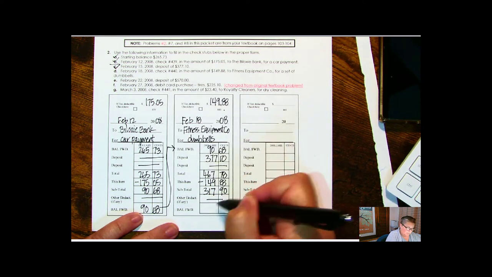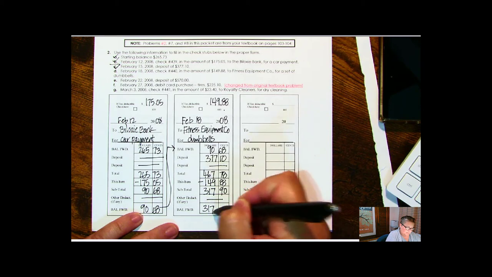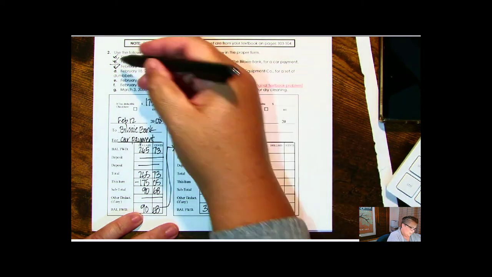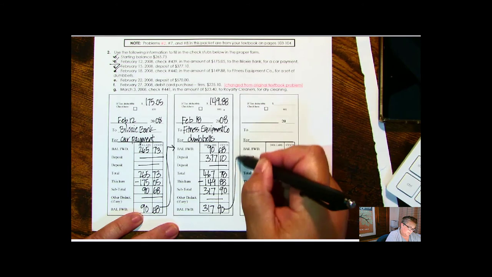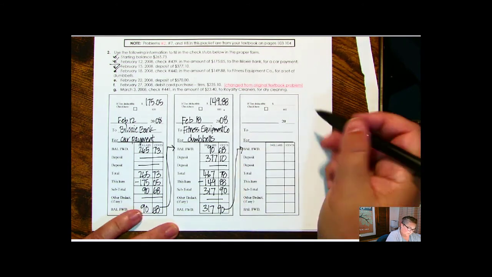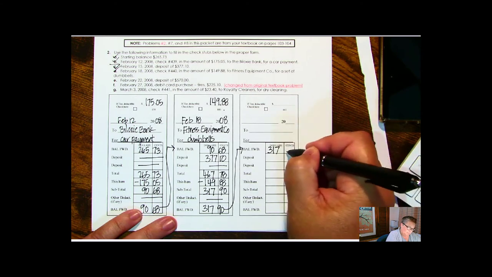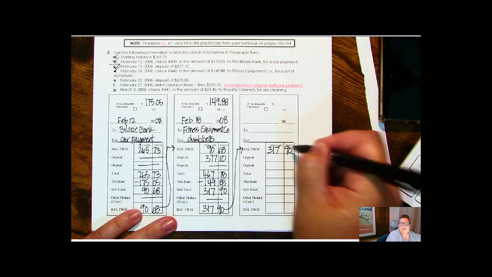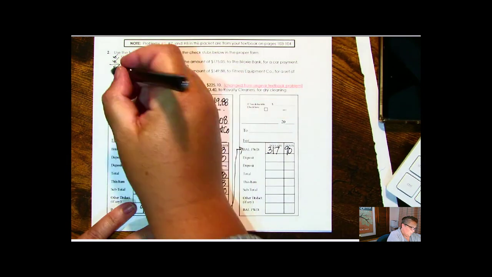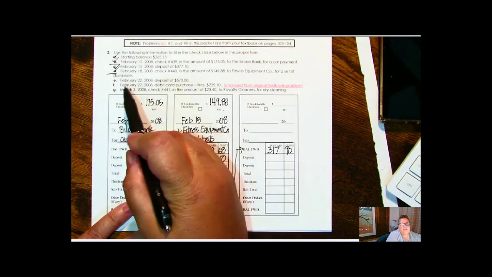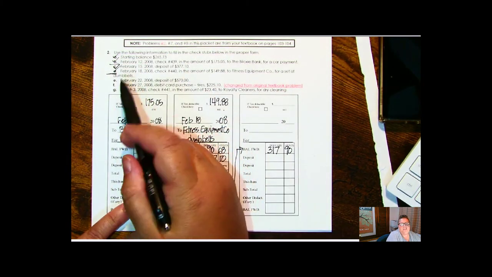There were no other deductions, so $317.90 is the balance that moves forward onto the next check stub. That's the money available for the next check, $317.90.